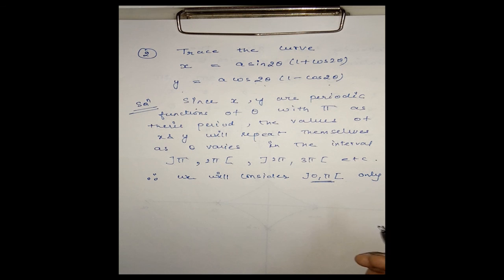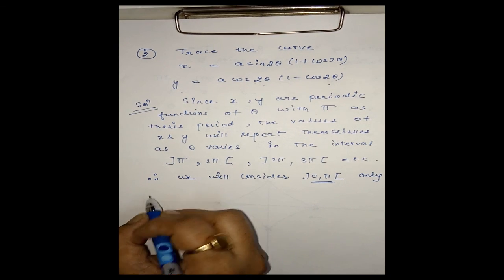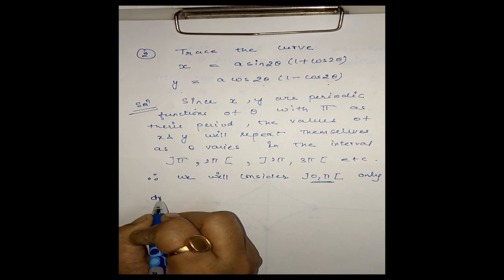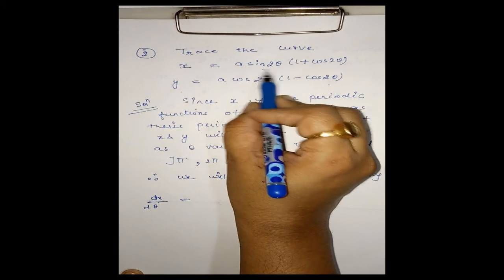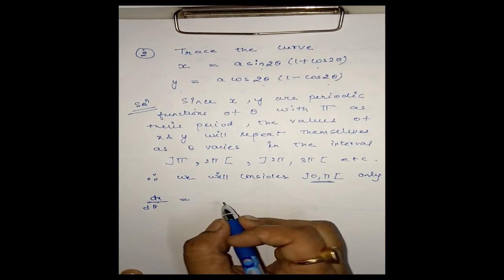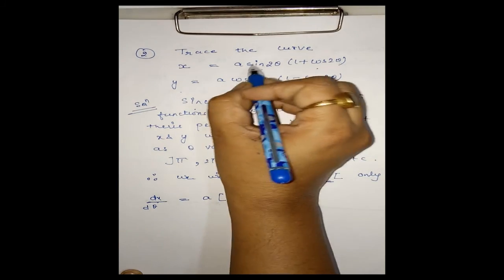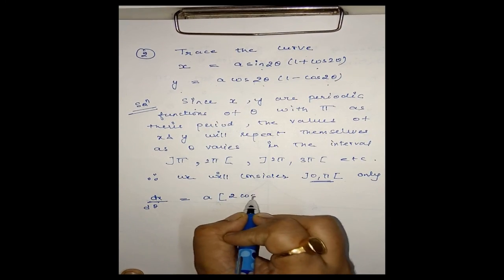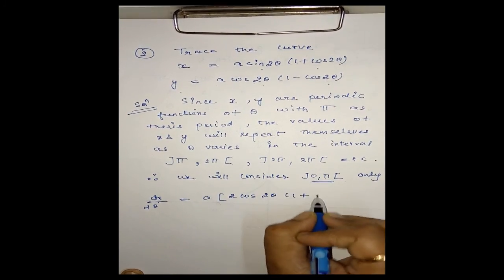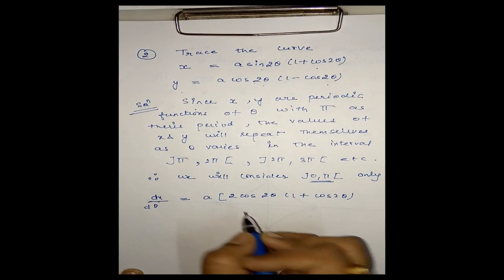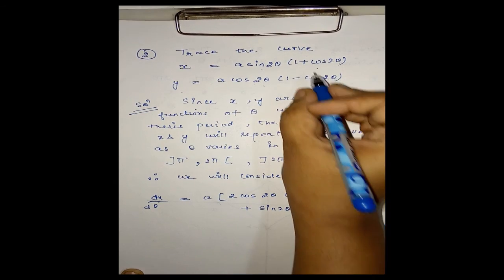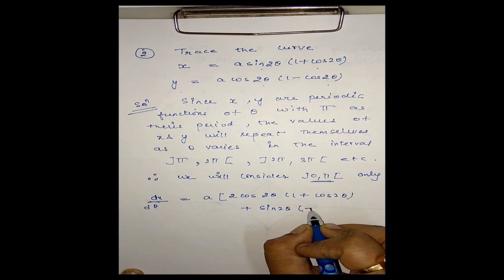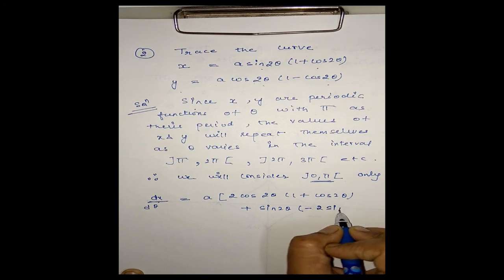Now we have to follow the steps. The first step is dx by d theta. Applying the product rule of differentiation, this is a sin 2 theta, this is 2 cos 2 theta, (1 plus cos 2 theta), plus sin 2 theta into minus 2 sin 2 theta.